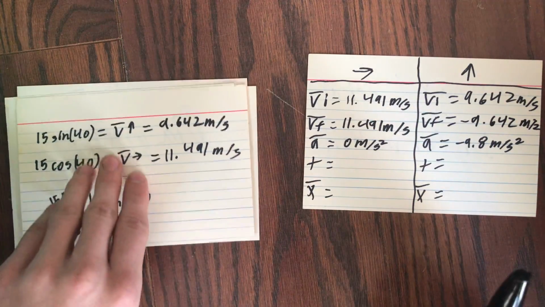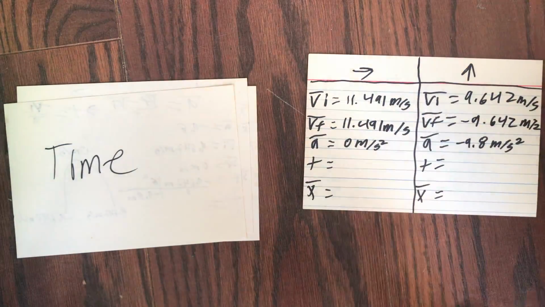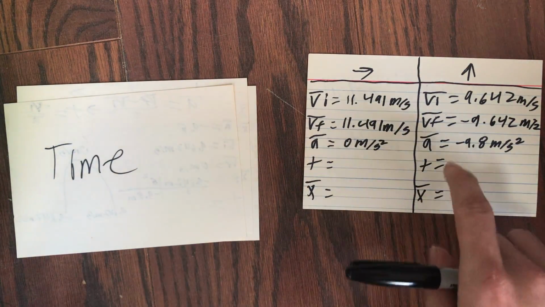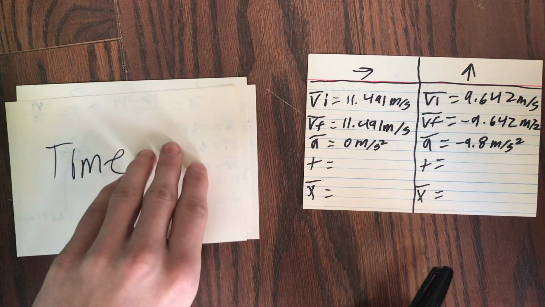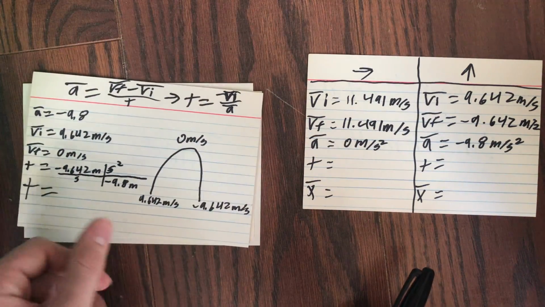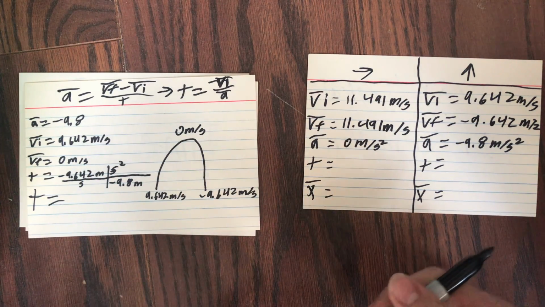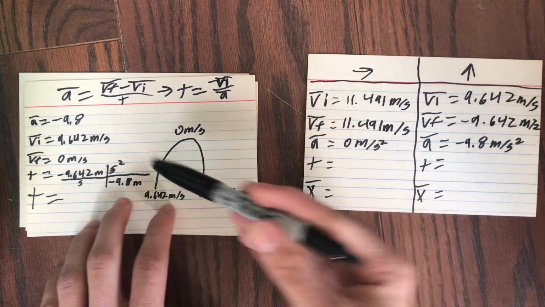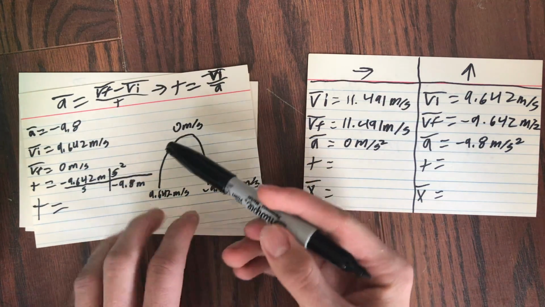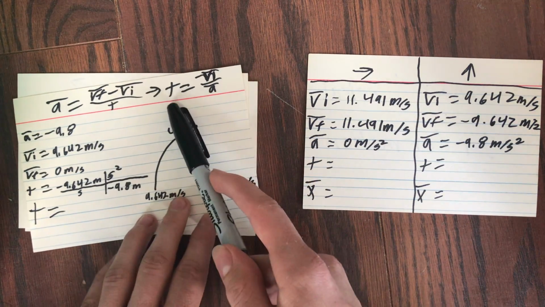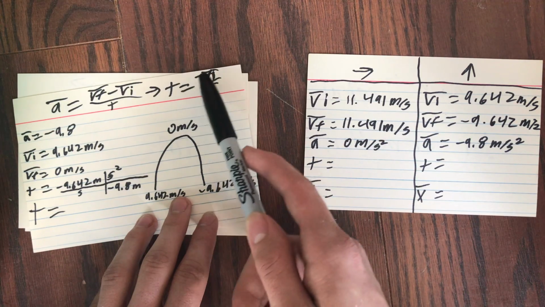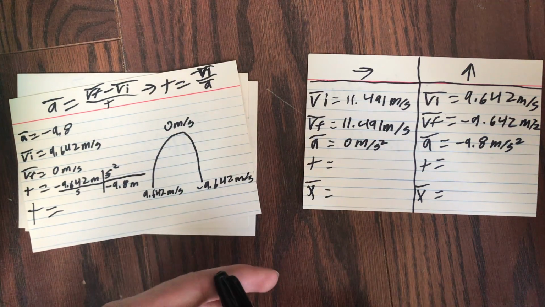Okay, so we finished with that. Now that we have these values, we'll be able to find time pretty easily. What we need to know here is the acceleration formula. We're just going to rearrange this so that we end up getting t equals the negative initial velocity divided by acceleration.